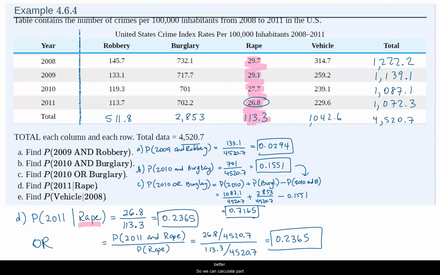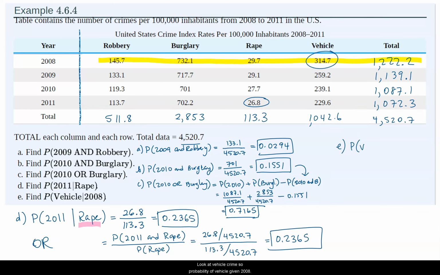So we can calculate part E pretty much exactly the same way that we did part D, only this time, instead of using the column of rape crimes, we're going to use the row for the year 2008. And hopefully you can see how this changes. 2008 is the given part of our conditional probability. So we're going to focus in on 2008, look at vehicle crime.